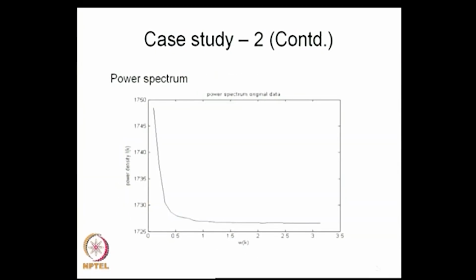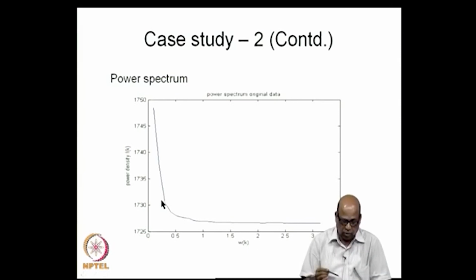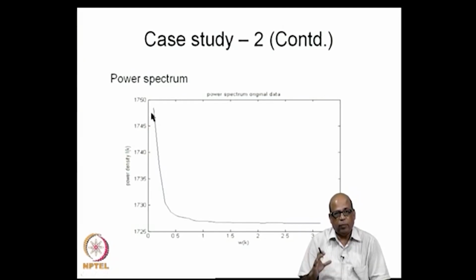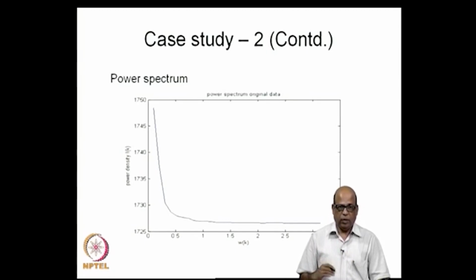Now, we look at the power spectrum. The power spectrum indicates for this particular case study that the lower frequencies dominate. And when I discussed examples of theoretical AR models, typically this is what we brought out, that for one AR2 model you may have lower frequencies dominating, for some other AR2 model you may have middle level frequencies dominating and so on.